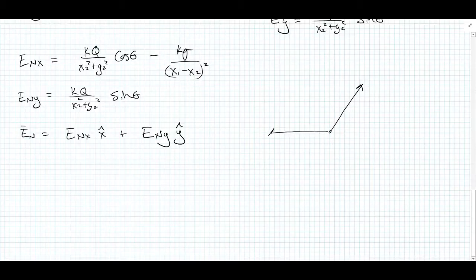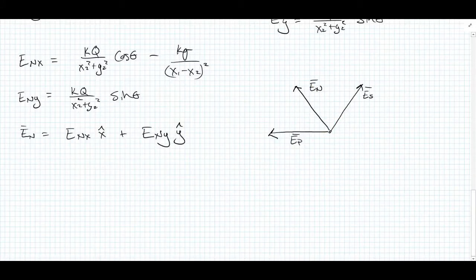This is the field that points away from the point charge. And I'm going to add those together to give me something that looks like this. So this is the sphere's field, this is the point charge's field, and then this is the net field. So the two things that I want to calculate are the magnitude of that net field and the angle that that net field makes with the positive x-axis.